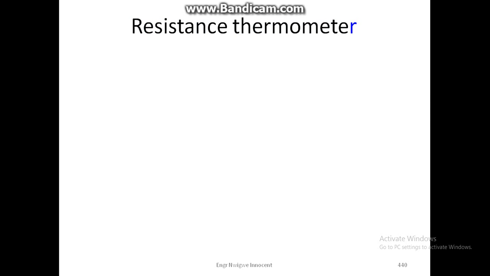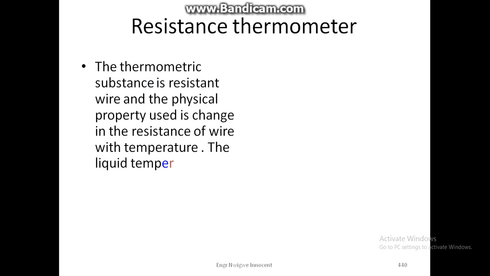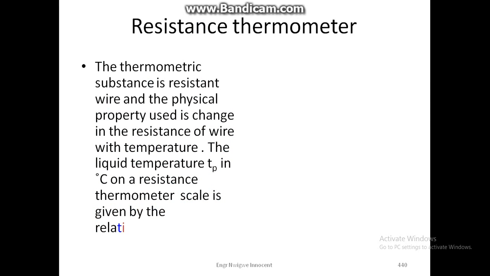Resistance thermometer. The thermometric substance is a resistance wire, and the physical property used is change in the resistance of wire with temperature.